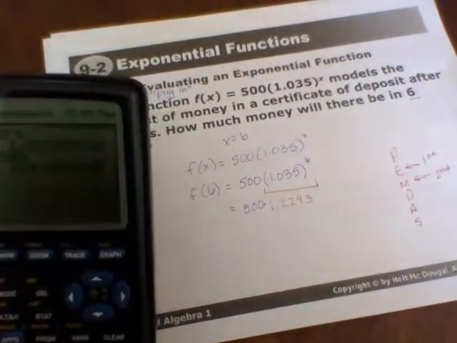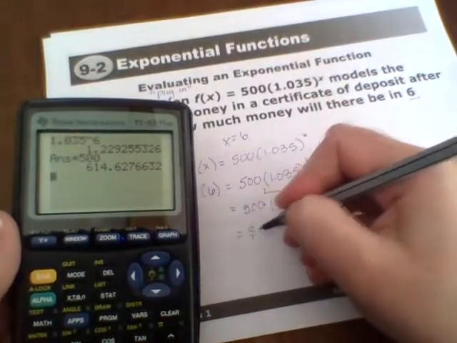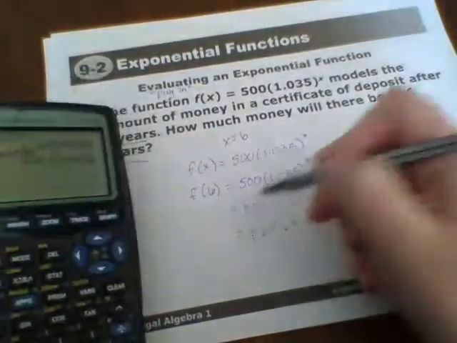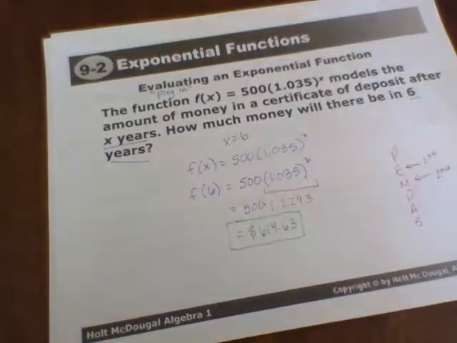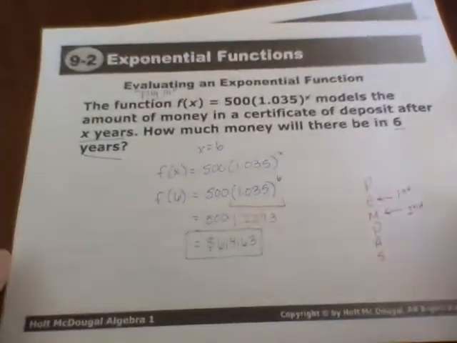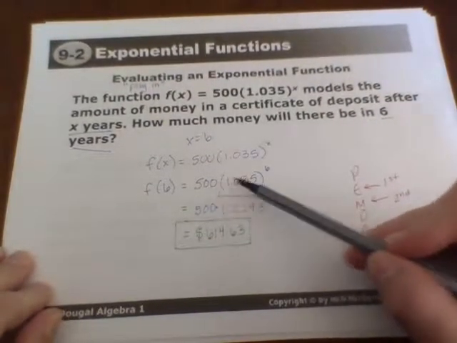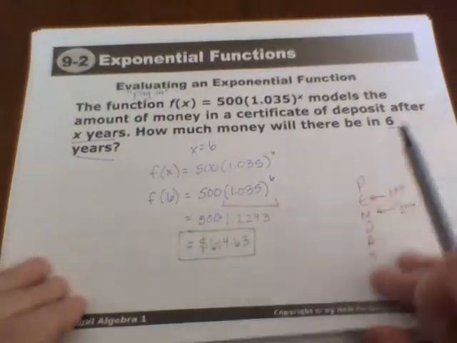So after 6 years, we're going to get $614.63. All right. So again, main idea of evaluating our function, is that you do not multiply first. You bring it to the power and then multiply by that number up front.